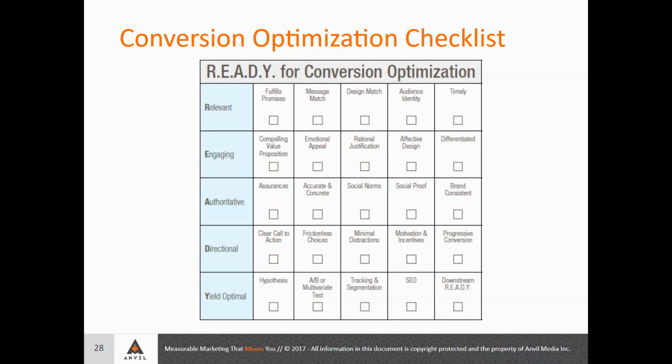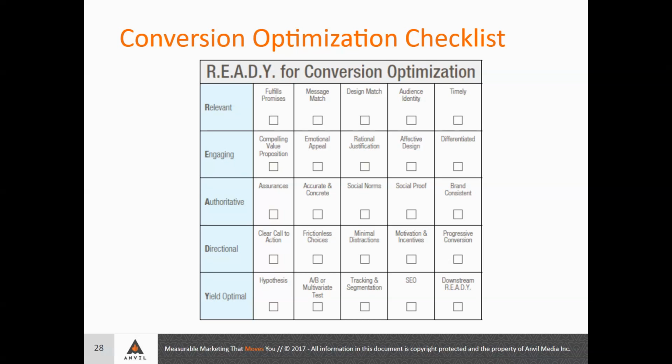It will give you some things to look at quickly when you're doing A/B testing, making sure that you're including all of the different elements for conversion optimization, and keep it at the ready when you want to do some testing, so that all of the elements are included on everything you're doing. So that's the end of the presentation.